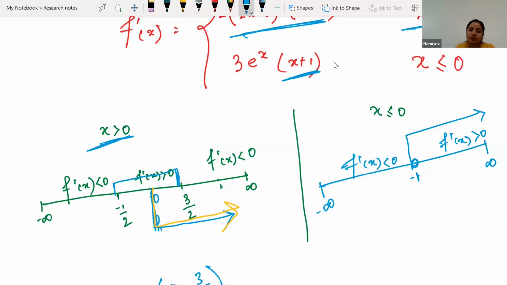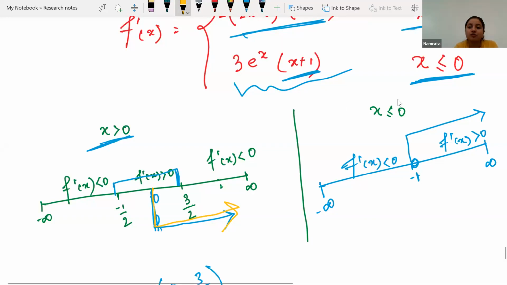Open interval. But we must keep in consideration the condition given at first in the question, that is x is smaller than or equal to 0, then only we can use this expression. So let me mark 0 over here.